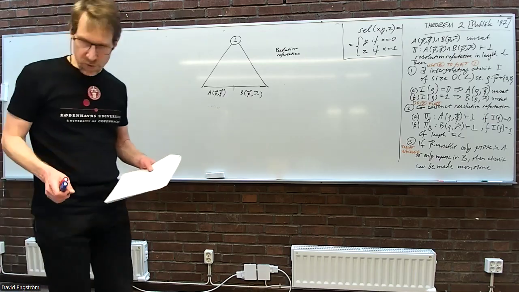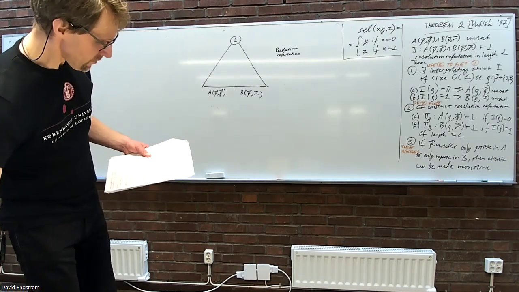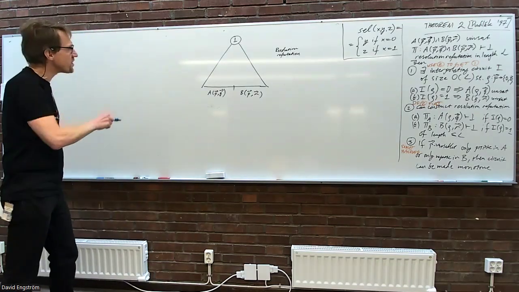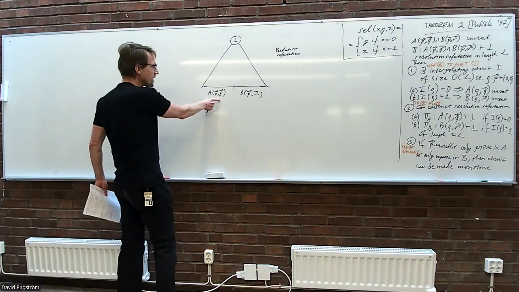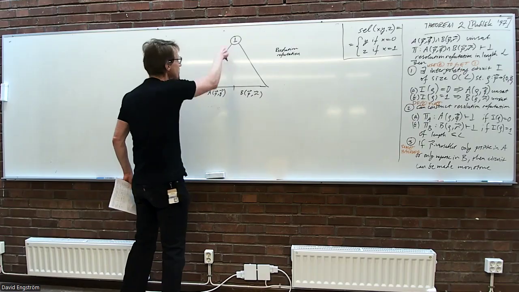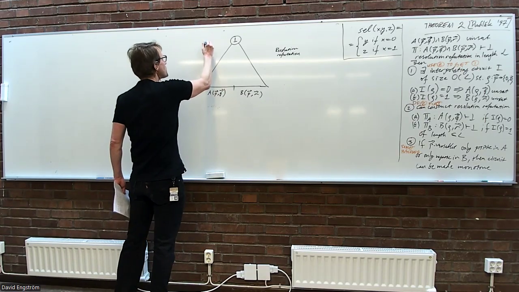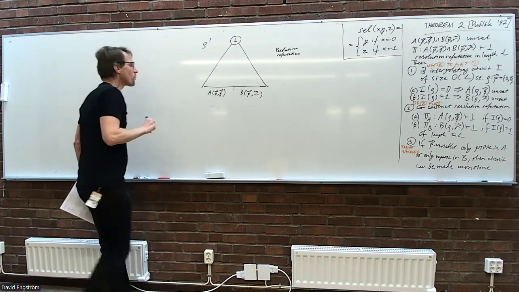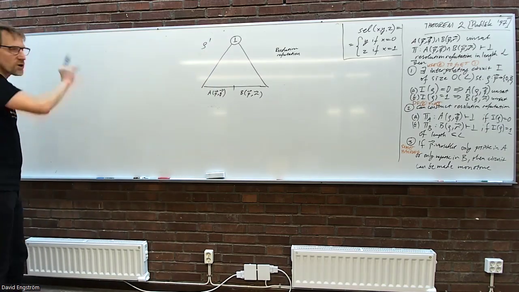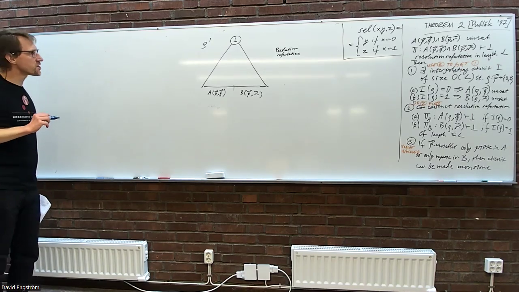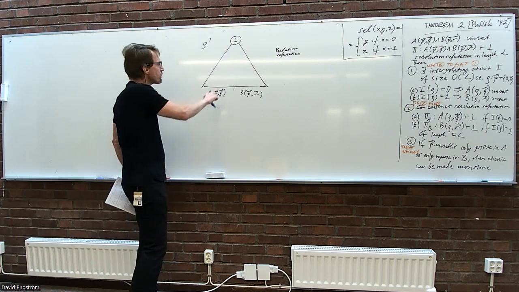Okay? So let me talk about what we are going to do. Basically, we have this whole resolution refutation from the A clauses and the B clauses that derives contradiction. And suppose we have a restriction rho prime, then we're going to look at how this restriction affects this proof.